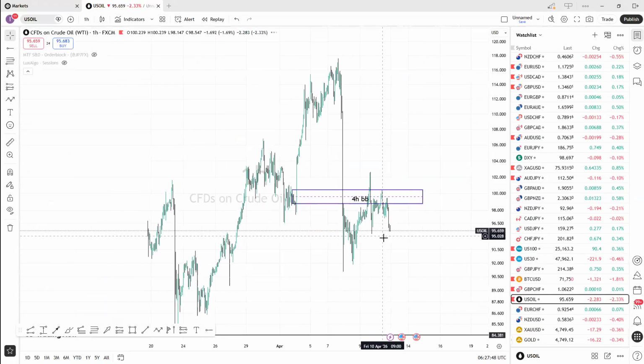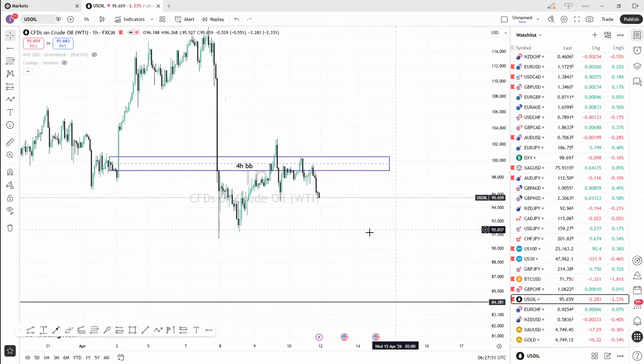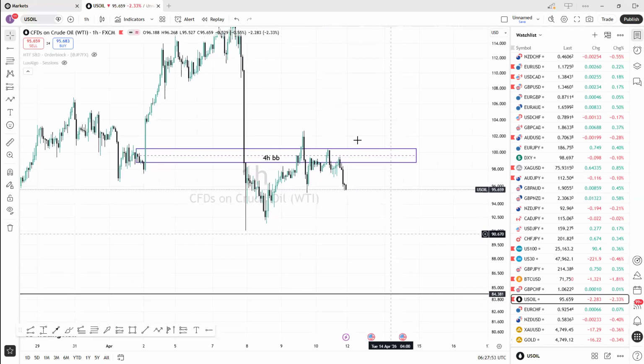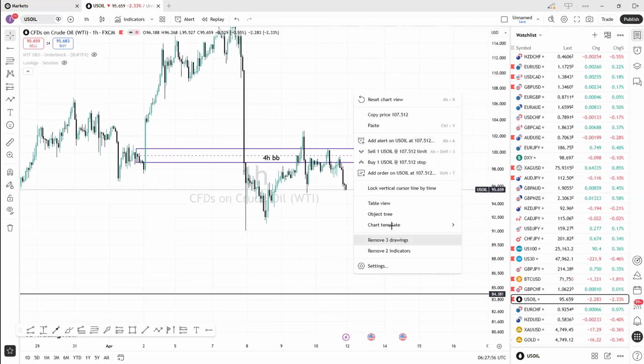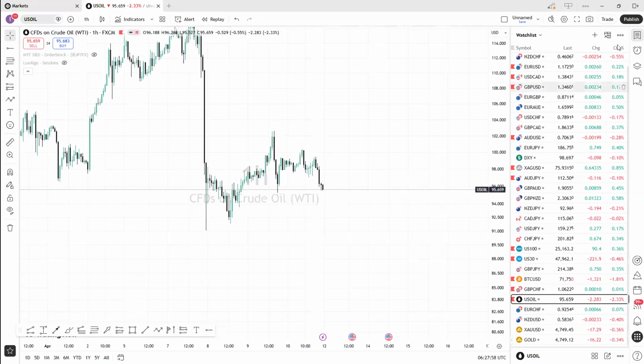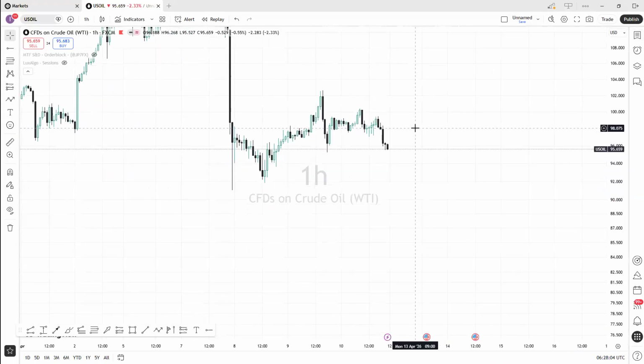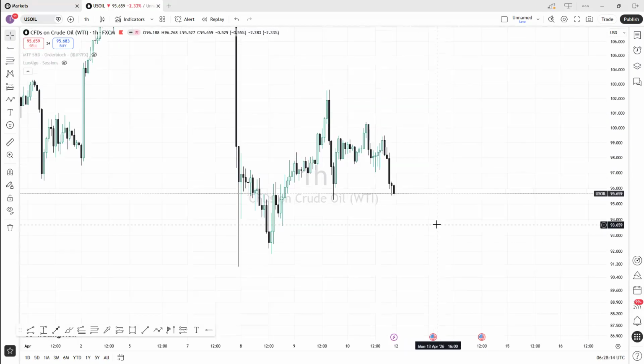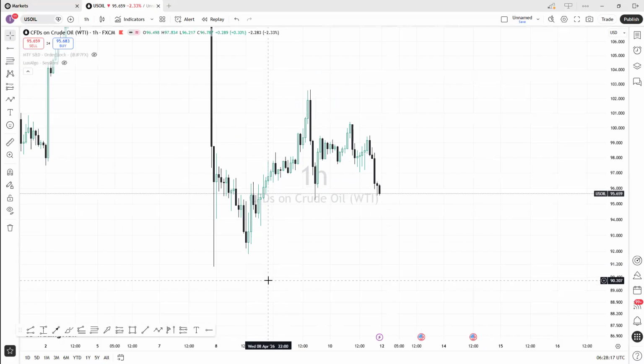US oil is bearish after the Iran and Israel war, or US and Iran. Israel is still fighting with Lebanon, so that does not relate to Iran.